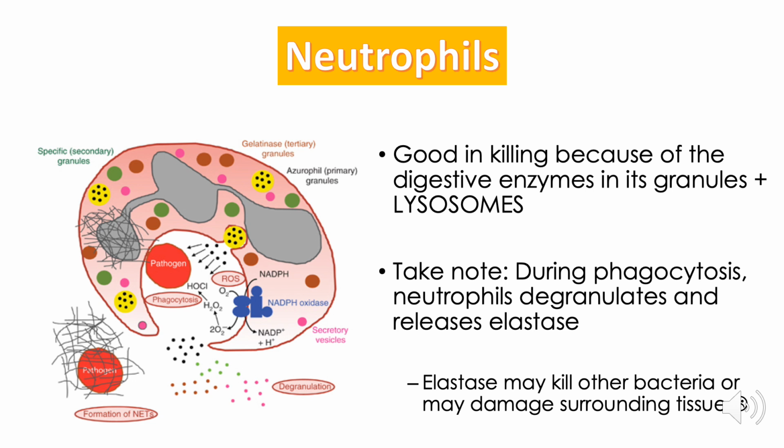The good thing about the leakage of this enzyme is that it can target those bacteria that were not yet eaten by the neutrophils, and that's a good effect. The problem is the elastase enzyme can also destroy the tissue with the infection. So, neutrophils are a double-edged sword. They can protect you at some point, but they can also cause damage to our tissues.